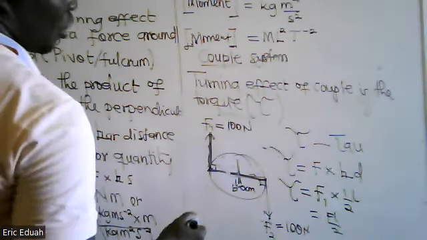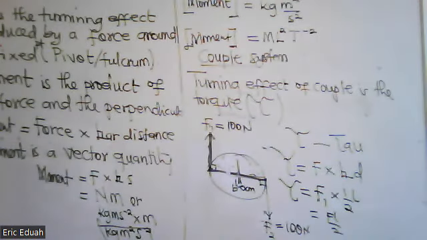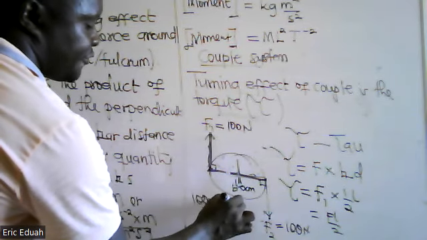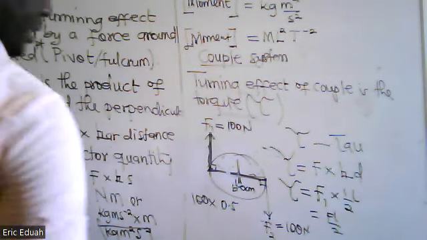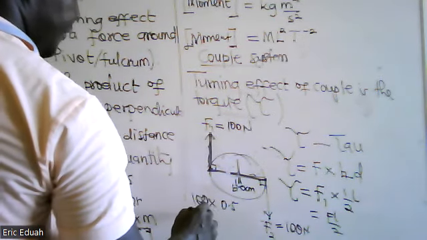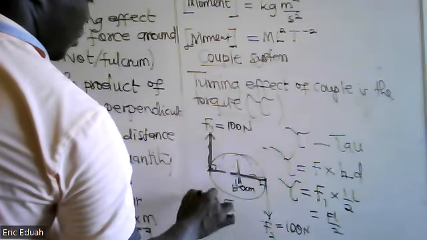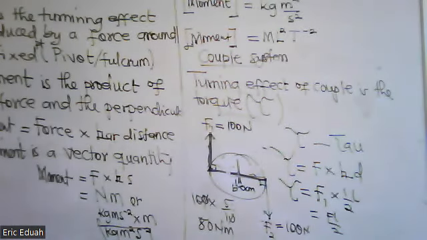Then the torque will be equal to 100 times 0.5 meter. 100 Newton times 0.5, which will be 50 Newton. This is 5 on 10. So 50 Newton meter would be the turning effect of the couple, or the torque.